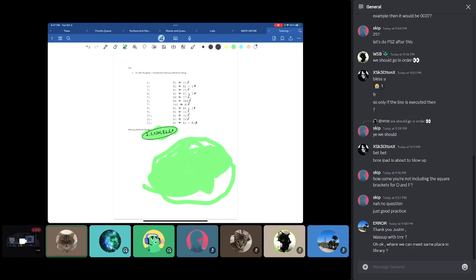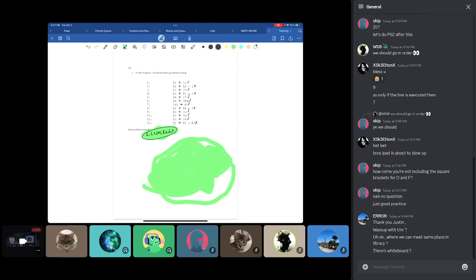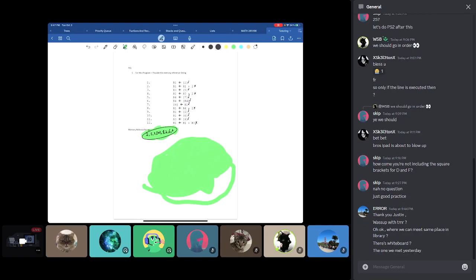Where can we meet? Same place in the library? Which one? Floor 1 or floor 2? I think y'all should check out the music hall first to see if the whiteboard room is open. I feel like that'd be better to use.